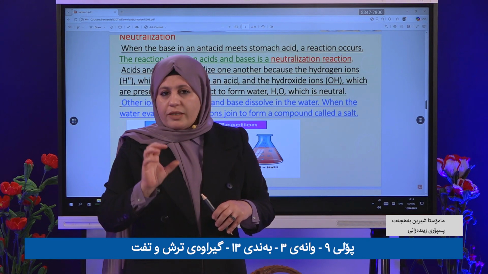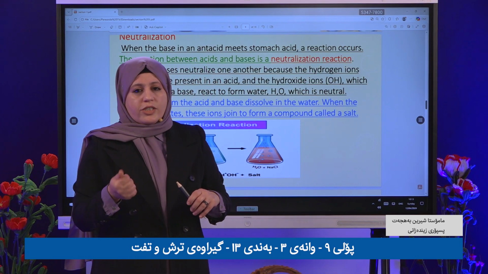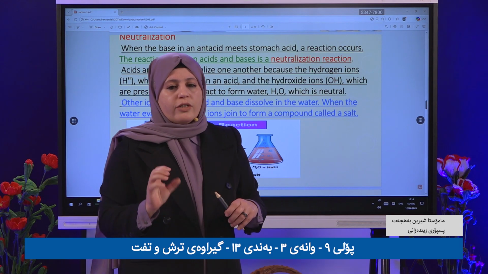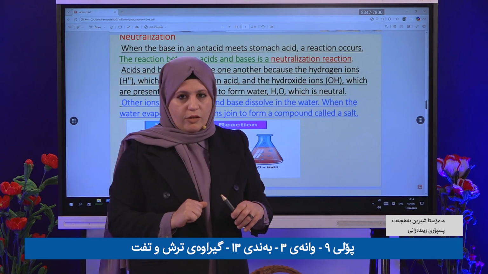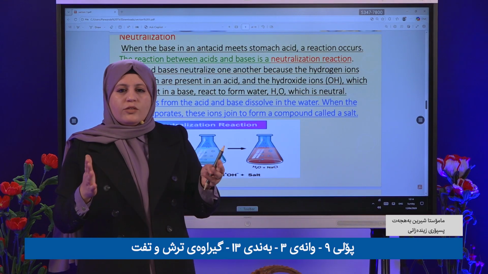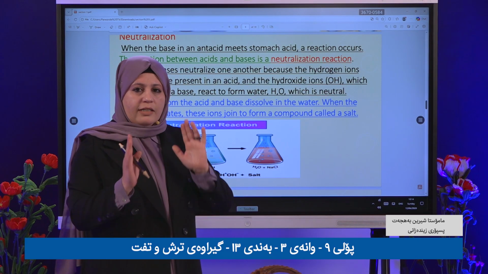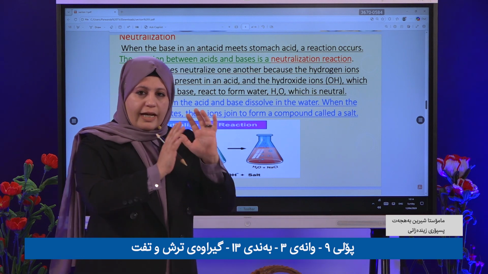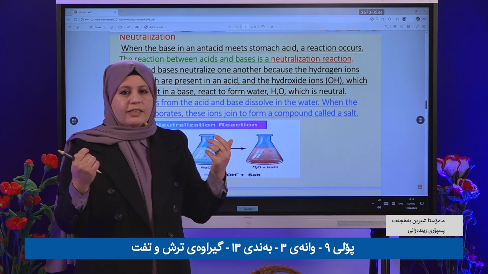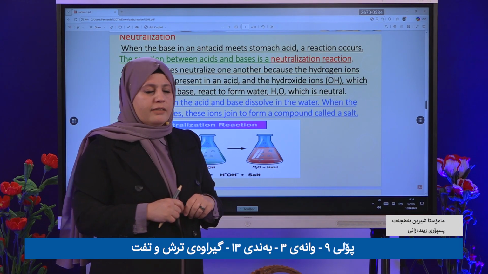An antacid is a weak base, and in your stomach there is an acid. Which kind of acid? Strong acid or weak acid? Of course, strong acid, which is hydrochloric acid. It's very, very strong. When you take a weak base, it starts to neutralize. When the strong acid and weak base react in your stomach, they neutralize it. That's why you feel healed after we take an antacid, okay?